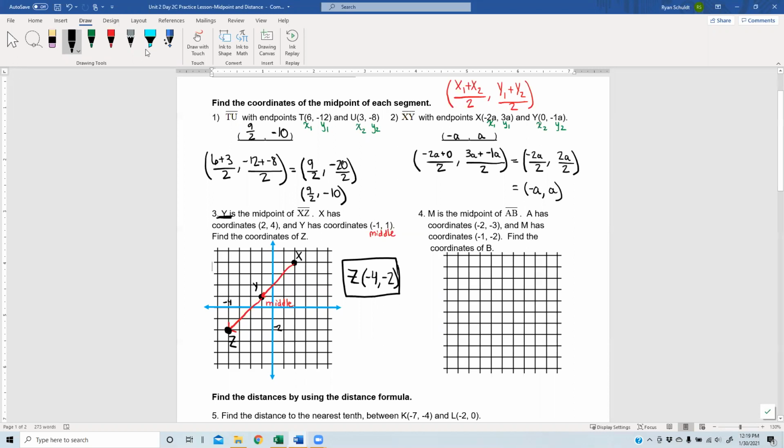Okay, so now let's get our next set of axes in here.